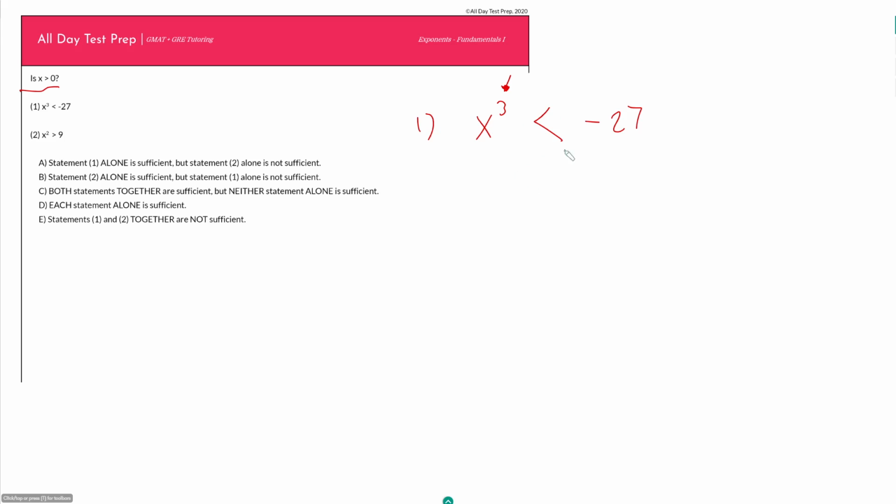So if x cubed is less than negative 27, that means x must also be negative, or less than 0. 3 cubed is equal to positive 27, and so negative 3 cubed would be equal to negative 27. Therefore, x must be less than negative 3.